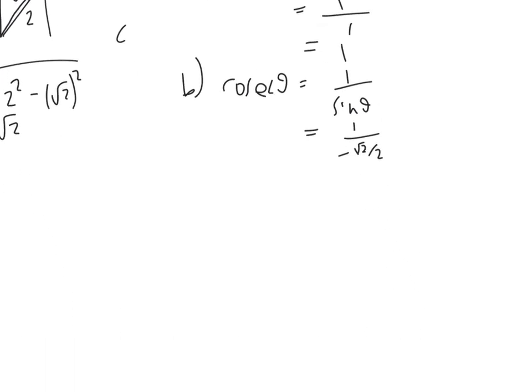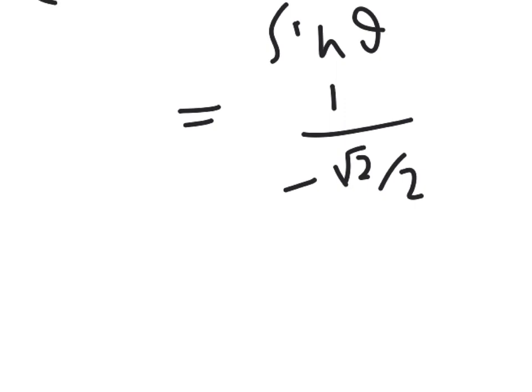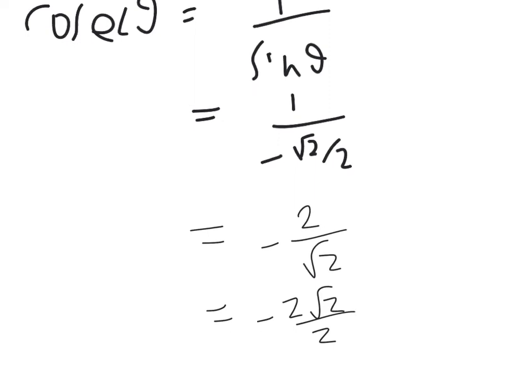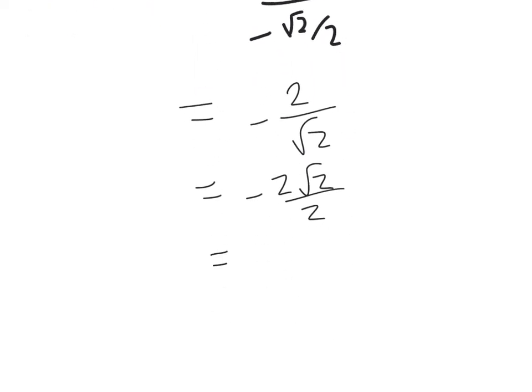Just work that out. That ends up being 2 over root 2 negative, but you want to rationalise that denominator, and then the 2's cancel out, so you end up with just simply negative root 2.